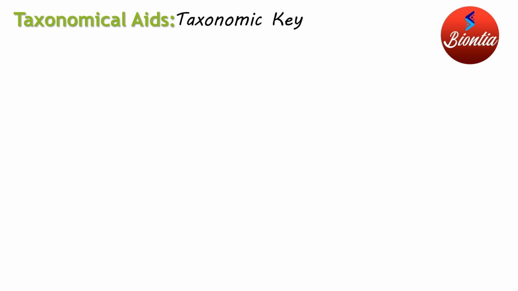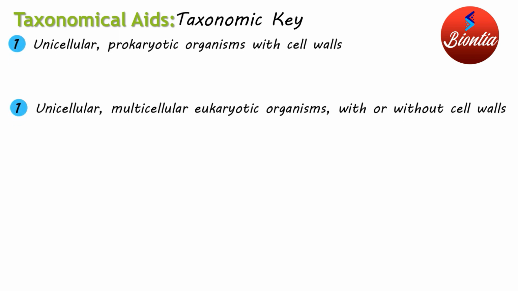Now suppose the taxonomist with his new species tries to reference this key, and I have already told you that each taxonomic key has a pair of statements known as a couplet, and one has to select one of them. I have shown you a couplet, that is two statements, numbered 1 and 1. The first statement says unicellular prokaryotic organism with cell wall.